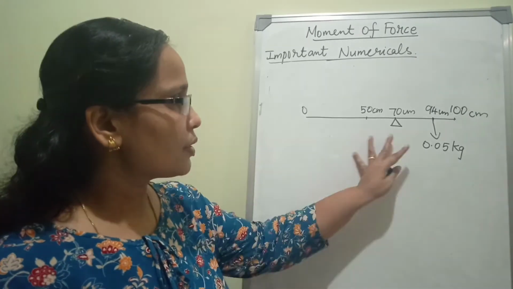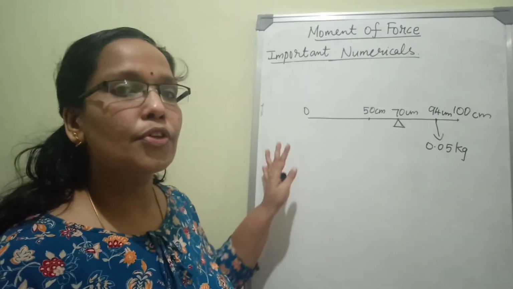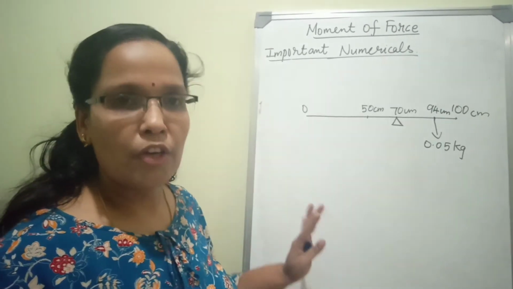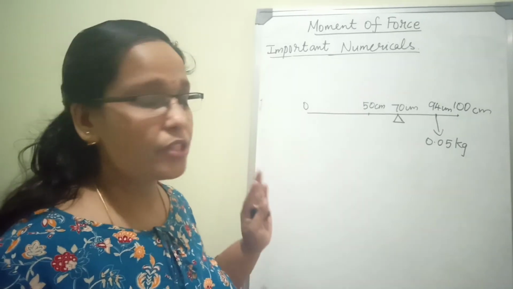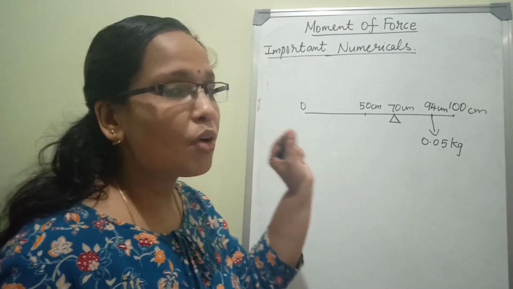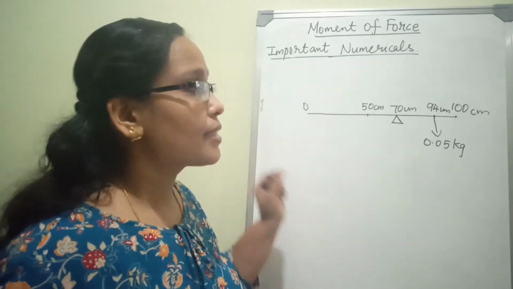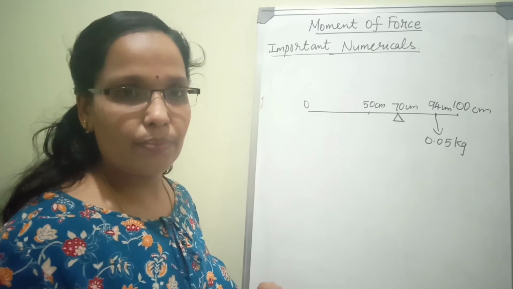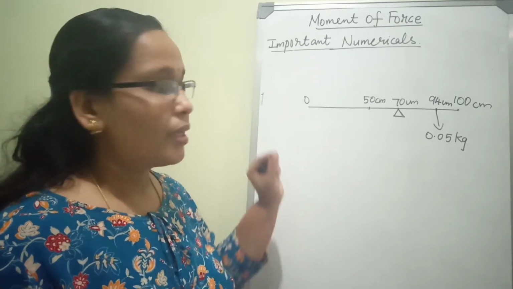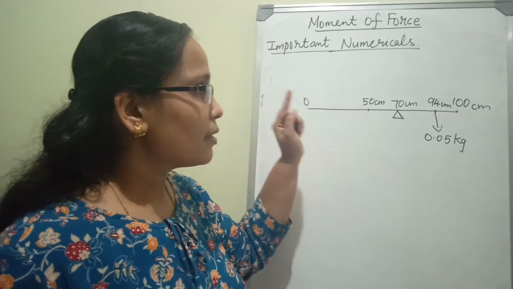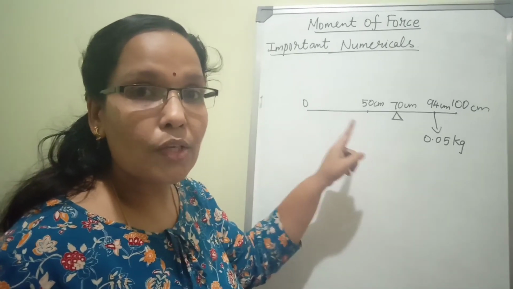So this much is given, but if you draw only this diagram, you will not get the mark, because we have to mark an important thing here, that is the mass of the meter rule. The mass of the meter rule acts at its center of gravity.